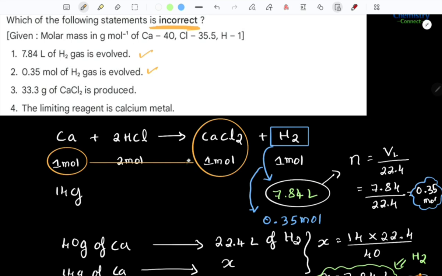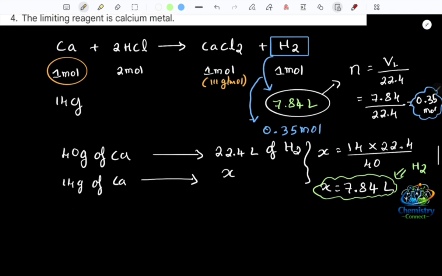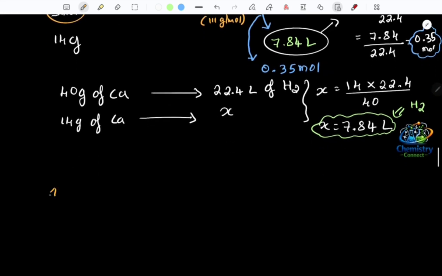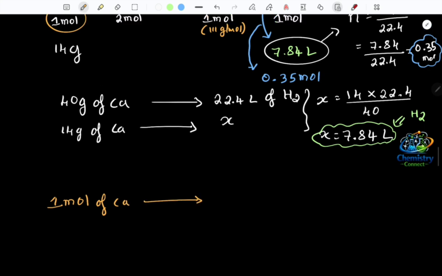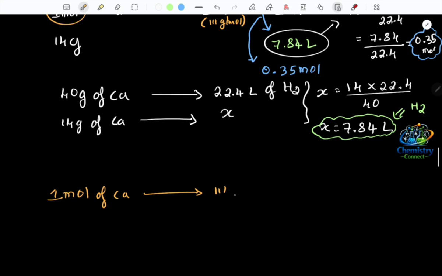Remember, 1 mole of calcium chloride is 111 gram per mole. So 1 mole of calcium gives 111 grams of CaCl2.